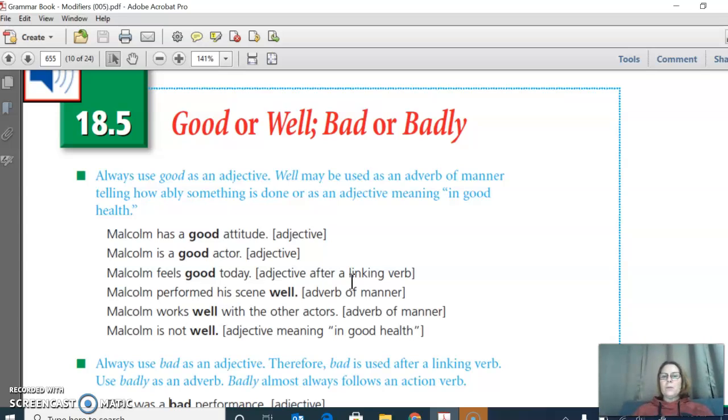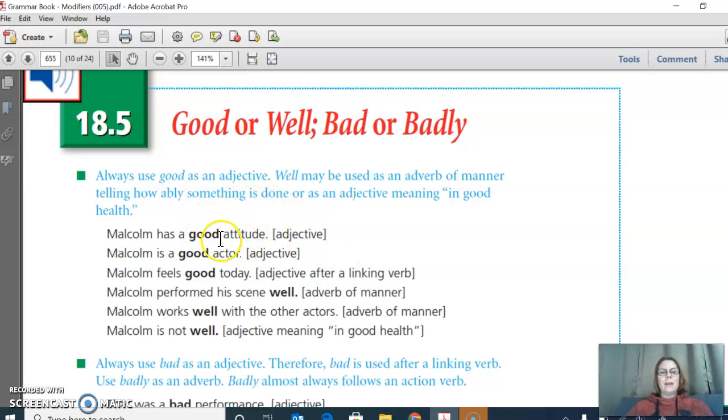So well may be used as an adverb of manner, telling how ably something is done, or as an adjective meaning in good health. So Malcolm has a good attitude.